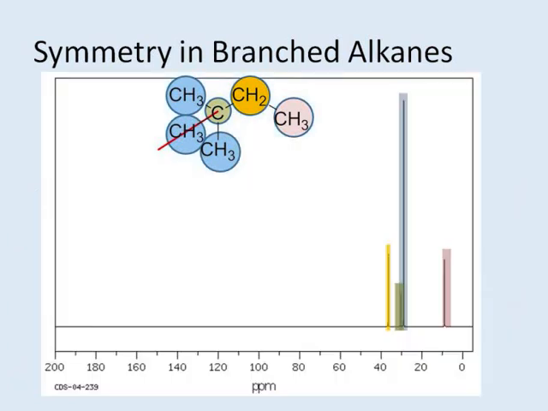Looking at the chemical shifts in 2,2-dimethylbutane, we see, as expected, the carbon of the CH2 group is furthest downfield, while the carbons of the CH3 groups are upfield, with the CH3 carbon adjacent to the CH2 group being furthest upfield.